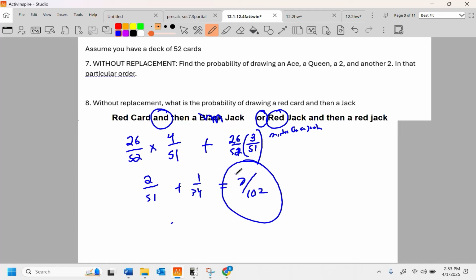You could do this thing with permutations if you wanted. It is a permutation because there is some essence of order. It's got to be a red card and then a jack. So it has established order. If you want to do permutations, you still have to think about the 2 different scenarios. So I don't know that permutations buys you anything.